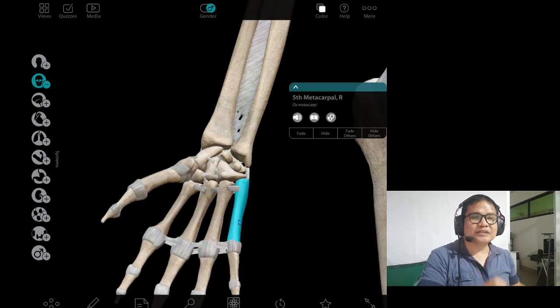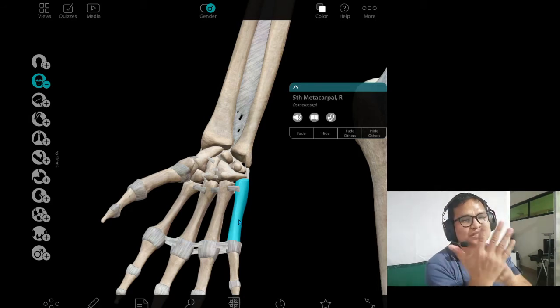Okay, so what are those distal row? Again, the trapezium, trapezoid, capitate, and the hamate. The proximal row, you have your scaphoid, lunate, triquetral, and pisiform. Okay, so if you're going to name, it's easy to remember.